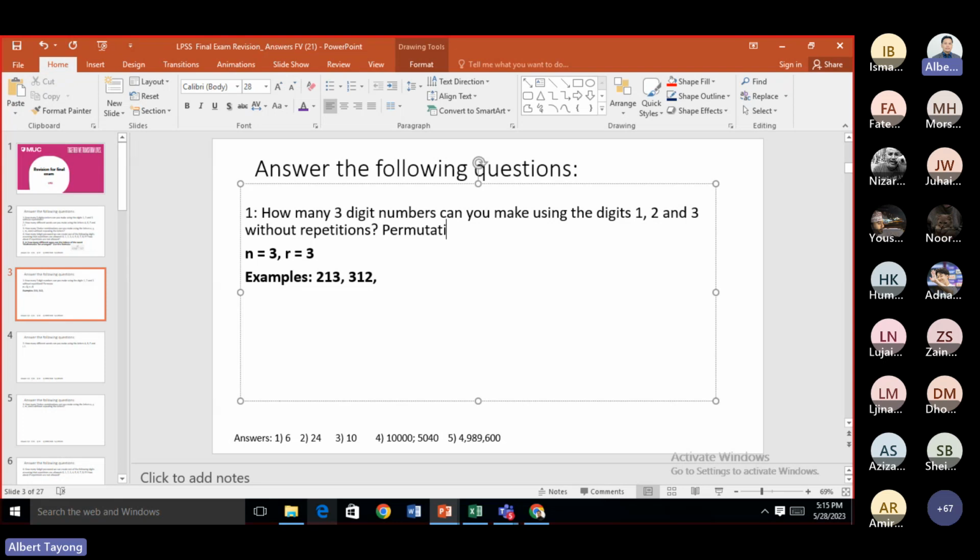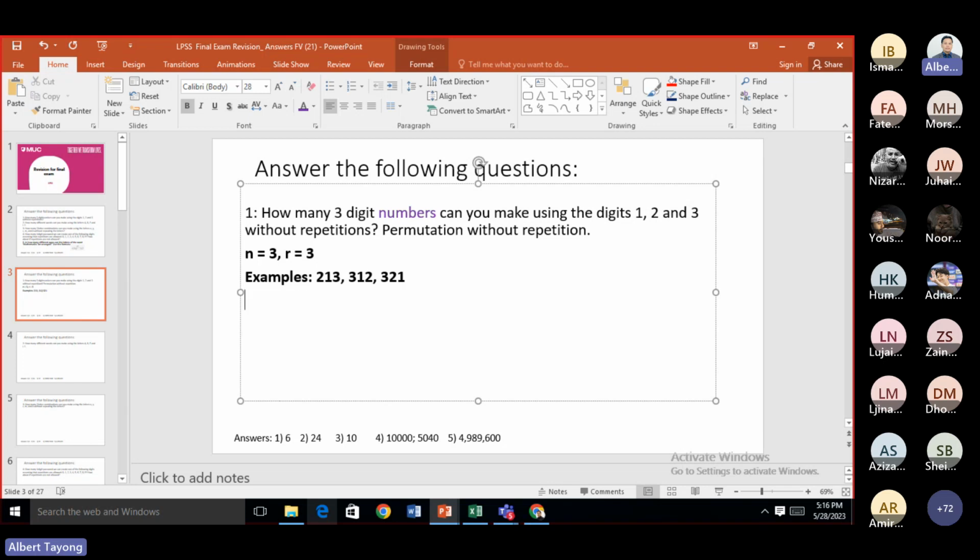You know the formula, of course. Permutation because it talks about numbers. Numbers are examples of permutations because every time you change the position of a digit, it changes the meaning. For example, 213, then 312, or 321.